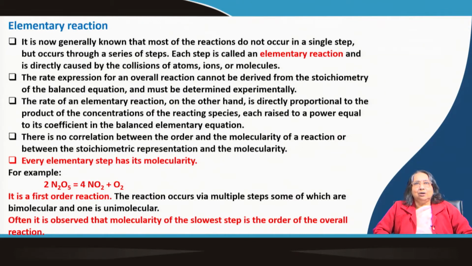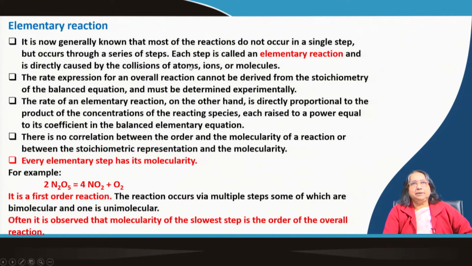But while talking about the mechanism, we must consider the various steps, because most reactions occur through a series of steps, maybe 2 steps, 3 steps, 4 steps, 5 steps.